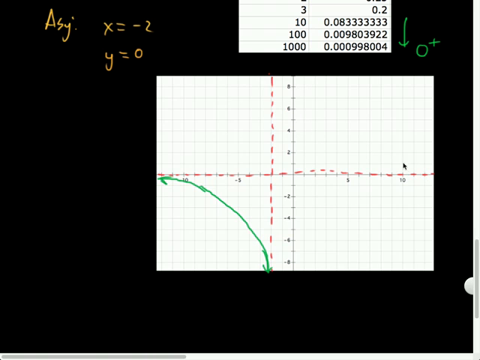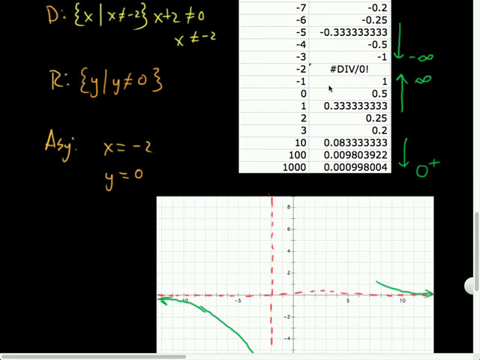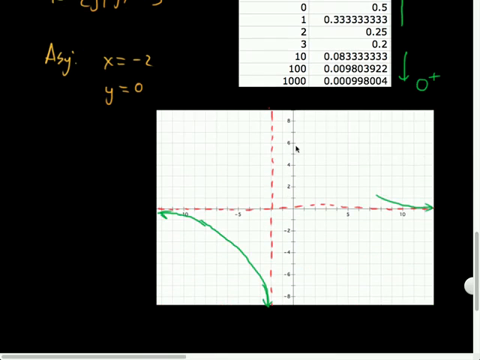At the far right, it's approaching 0. And it's hard to actually try to draw that accurately. And as it approaches -2 from the right, it was approaching positive infinity, I believe, right? Yeah, and that's what we had verified there as well. So you can see that the graph probably looks something like this. Yeah. Something to that effect.